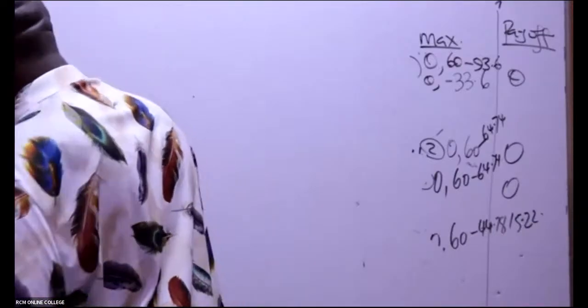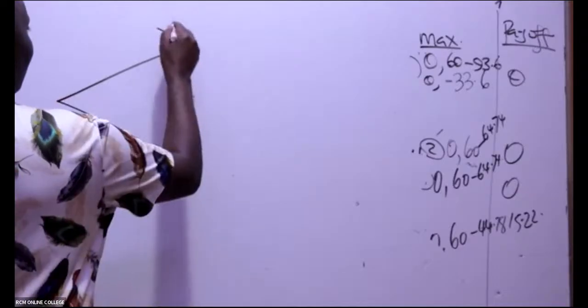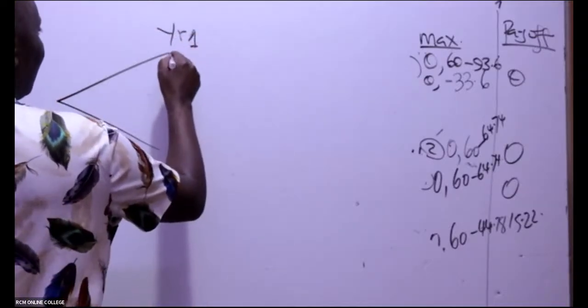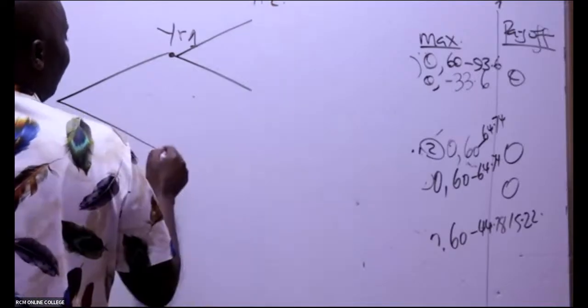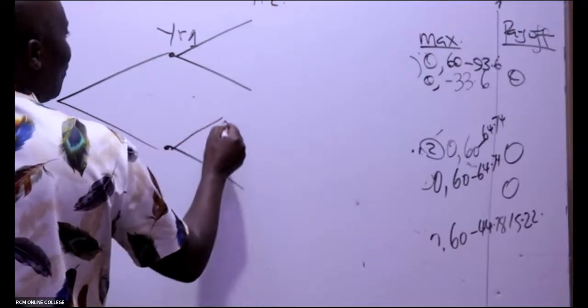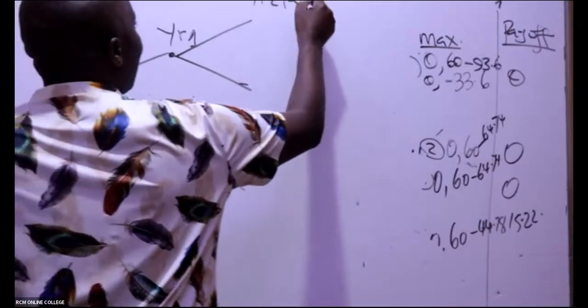So we have year 1. Then from year 1, we have year 2. Only payoffs.